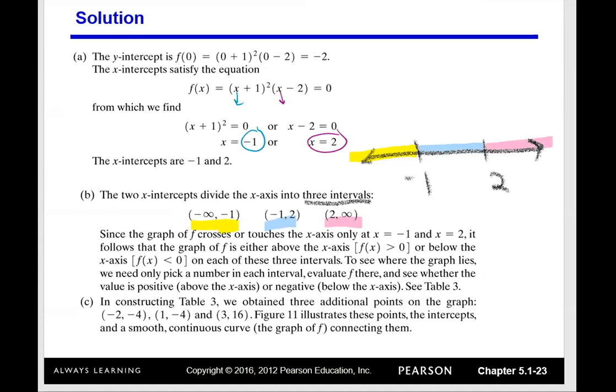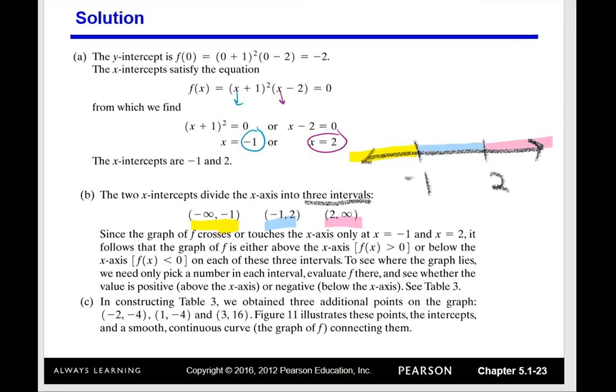And then it says, since the graph of the function crosses or touches the x-axis only at x is equal to -1 and x is equal to 2, it follows that the graph of f is either above the x-axis or below the x-axis on each of these 3 intervals. Let's see.